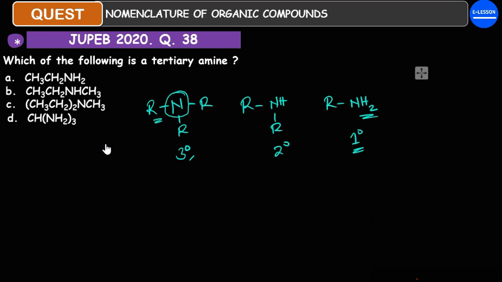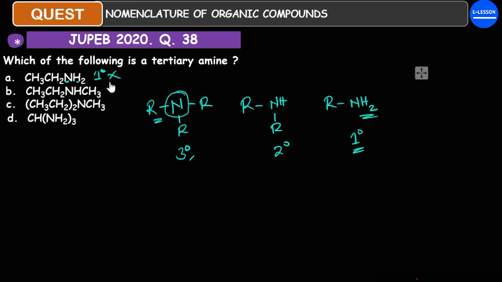About the carbon carrying the NH2, which is the amino functional group, which of them does not carry hydrogen? If you look at this one very well, this one is carrying 2 hydrogens close to the nitrogen. Are you getting it now? We are looking at the nitrogen. So this one that carries 2 hydrogens close to this nitrogen is a 1 degree amine, so this is not the correct answer to this question.